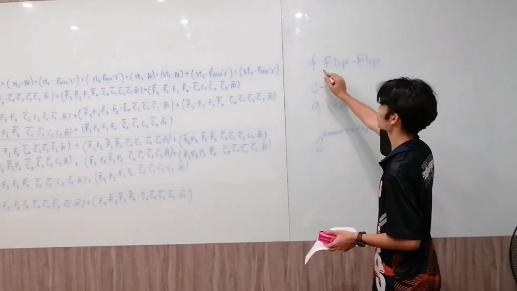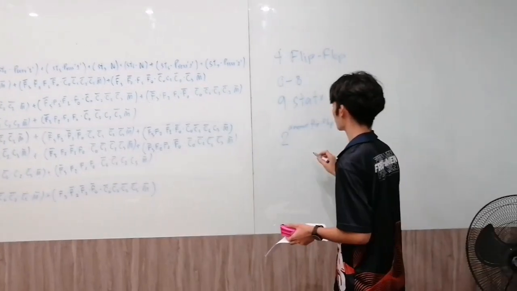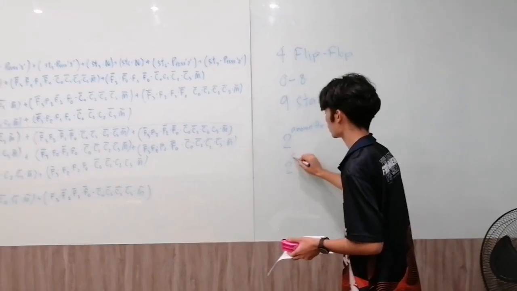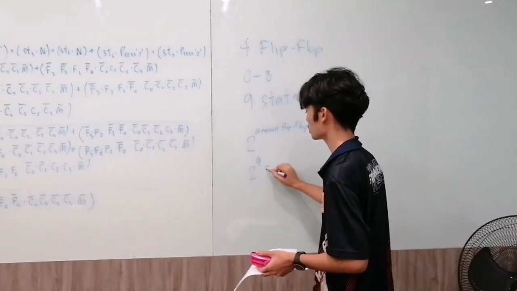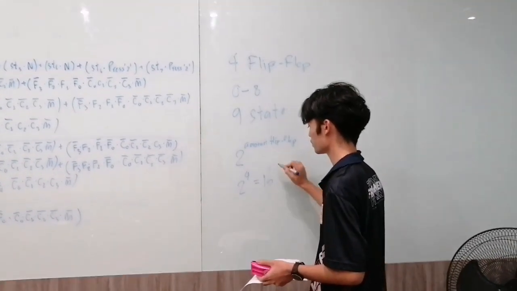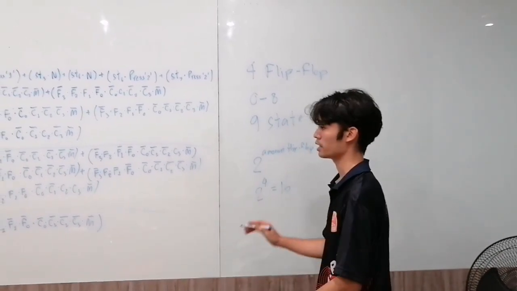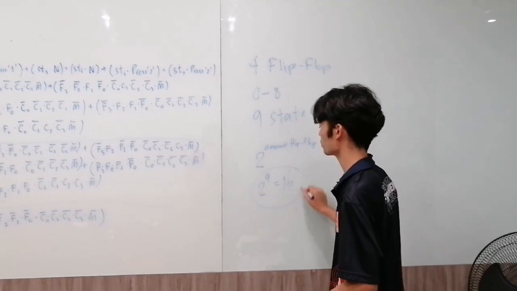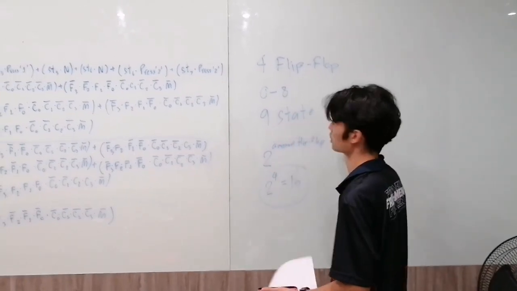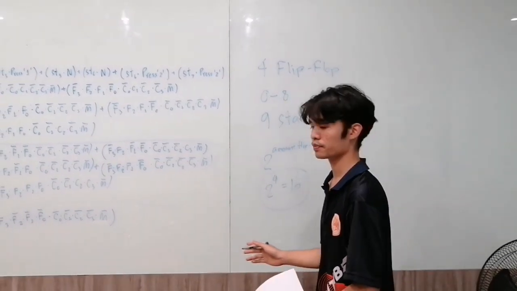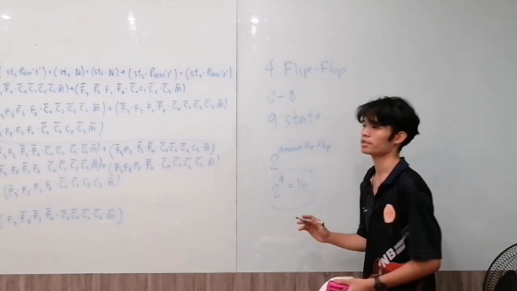That's why we use 4 flip-flops, because 2 power 4 is 16, so we can design it in these 4 flip-flops. That's my middle block. That's all.